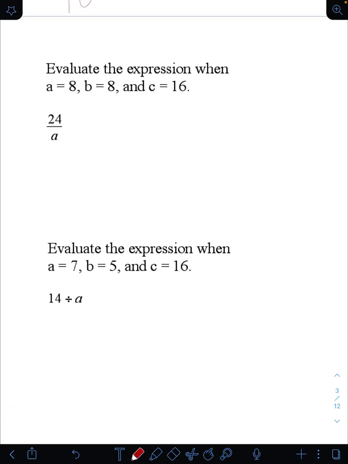24 over A. Ooh, that's a good one. And you're like, no, a fraction? Well, it is a fraction, but it's also a division problem. So then I just rewrite that to 24 over 8. And you can either think about this as a fraction or a division problem. If you think about it as a division problem, that's 24 divided by 8, which is 3.